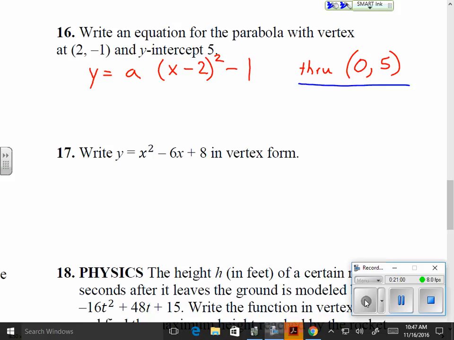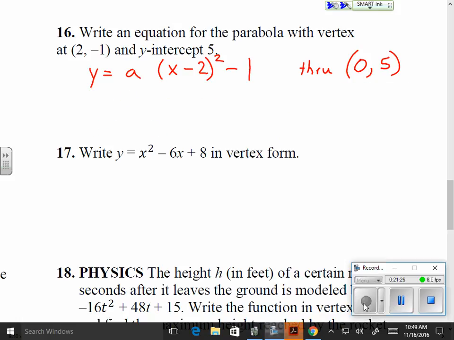Now, if I use the point 0, 5, I can figure out what a would be. I put 0 in for y, and 5 in for x, and then solve for a. So that simplifies. 5 minus 2 is 3, squared is 9, 9a minus 1. Add 1 to both sides and divide by 9. A will be equal to 1/9.